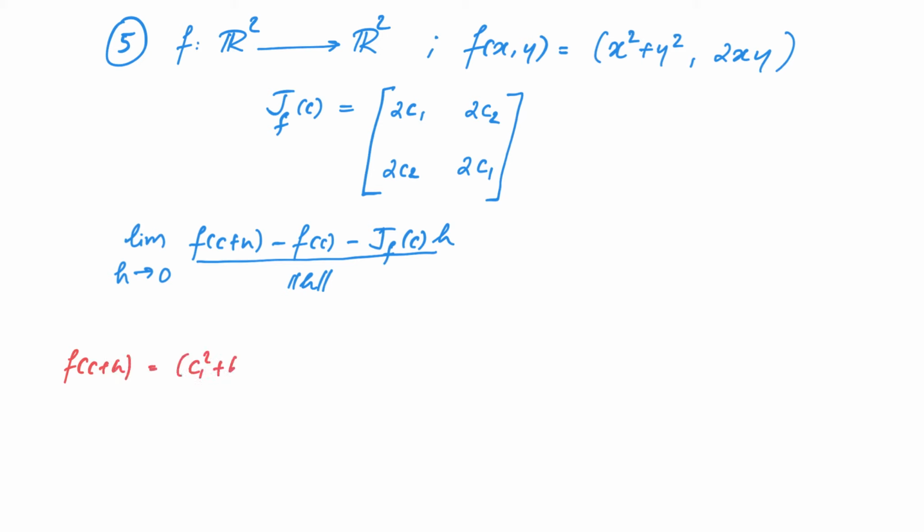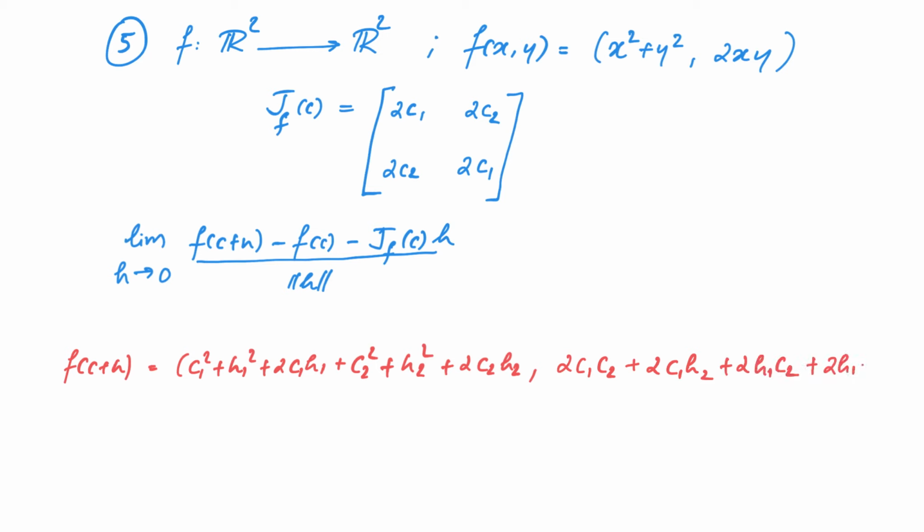f(c + h) is equal to ((c1 + h1)^2 + (c2 + h2)^2, 2(c1 + h1)(c2 + h2)), which can be written as (c1^2 + h1^2 + 2c1h1 + c2^2 + h2^2 + 2c2h2, 2c1c2 + 2c1h2 + 2h1c2 + 2h1h2).